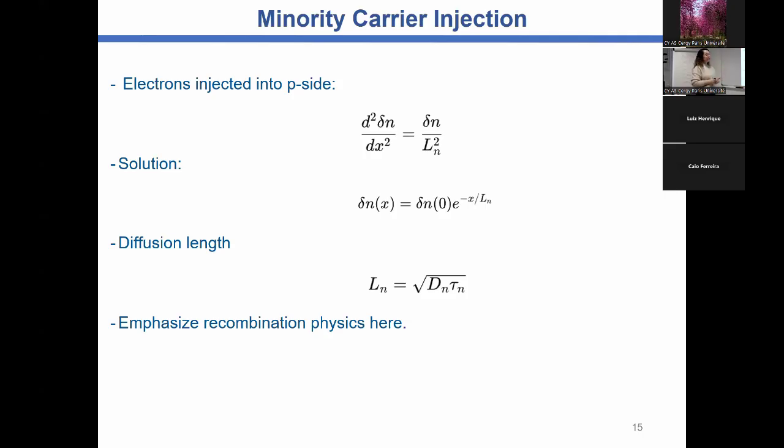Minority carriers are the carriers that are not the main carrier here. So in the N type, the majority is electrons, and in the P type, the majority is holes. So the minority, in this case, so the majors and minors.